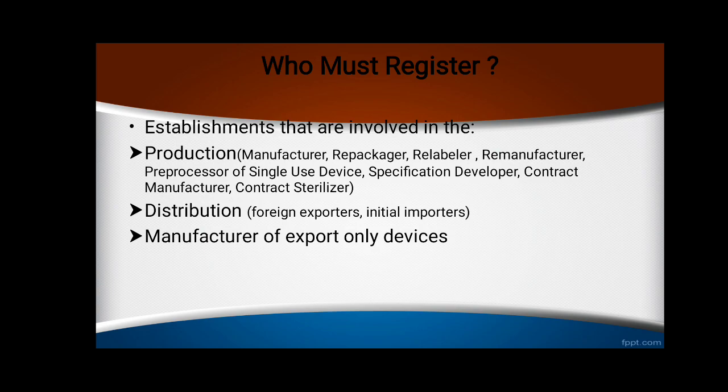Establishments that are involved in the production, manufacture, including repackagers, relabelers, remanufacturers, reprocessors of single-use devices, specification developers, contract manufacturers, contract sterilizers, and distribution, foreign exporters, initial importers, and manufacturers of export-only devices.